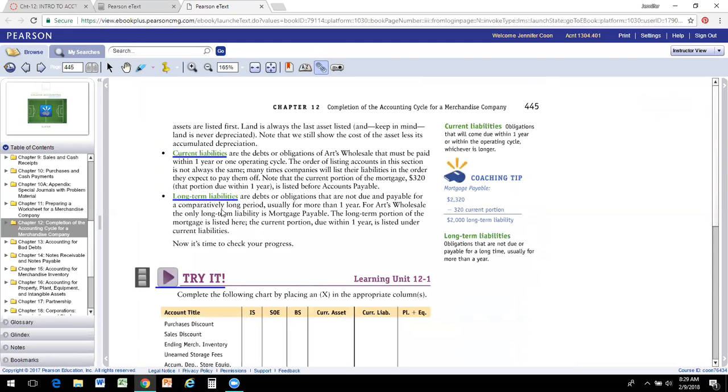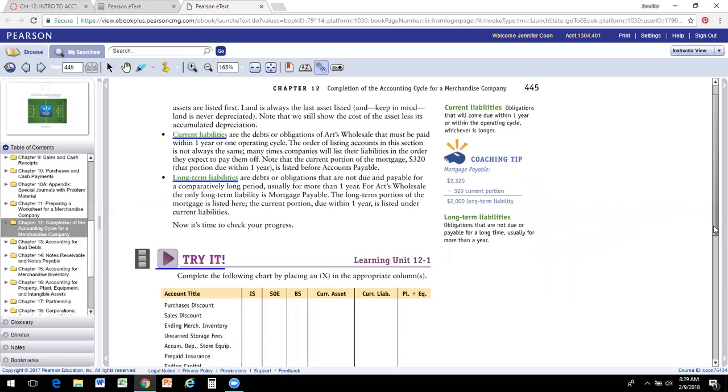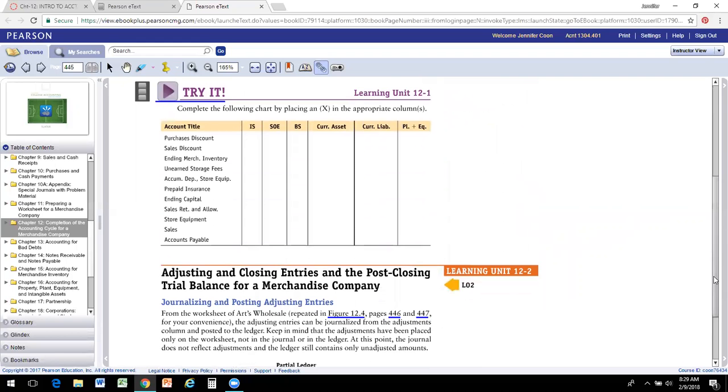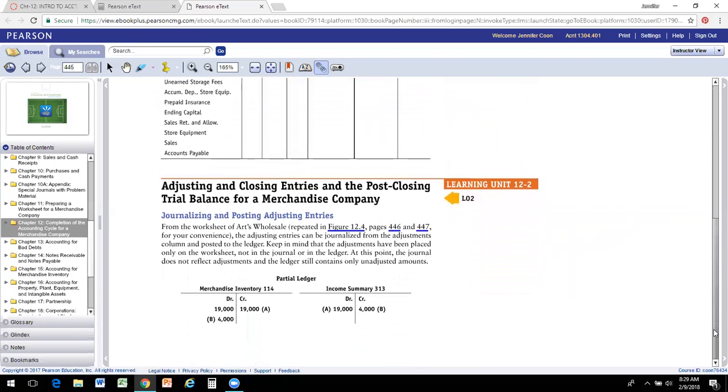I usually don't have an abbreviation for them. I guess I could start calling them LL, but anyway, long-term liabilities are usually your notes payable or your mortgage payable, things that are going to be longer than 1 year. So we break our categories out. We don't have a category breakout for capital. Just our assets and our liabilities are going to be current versus long-term.